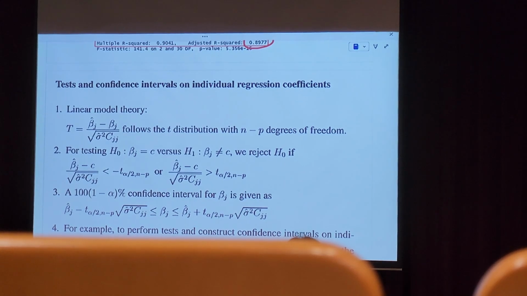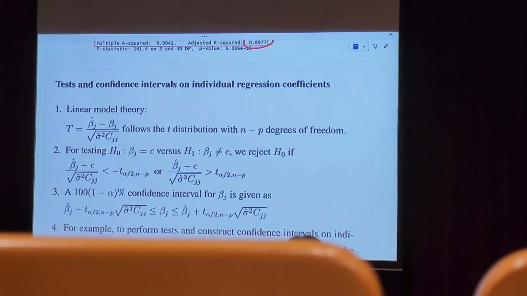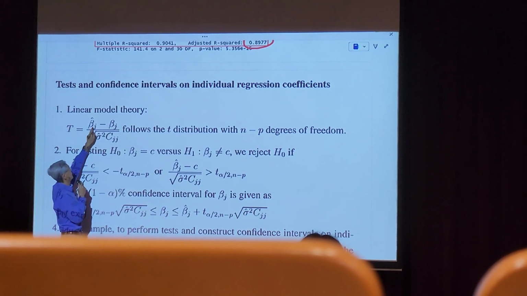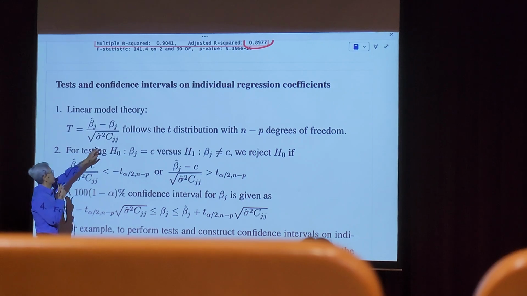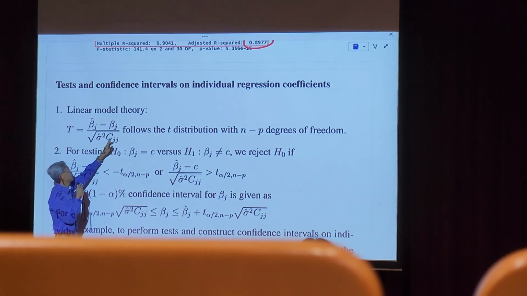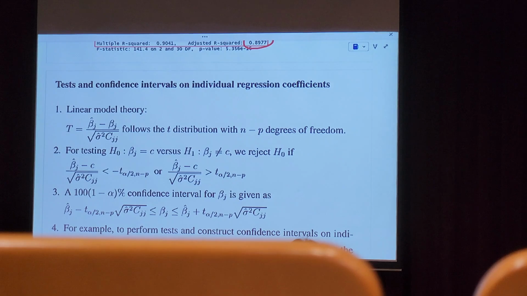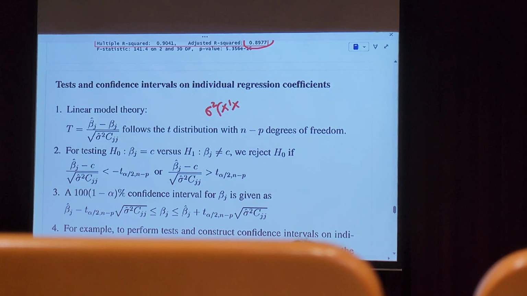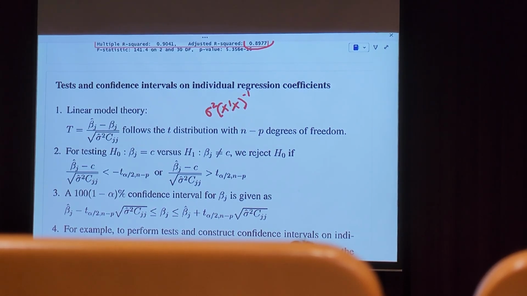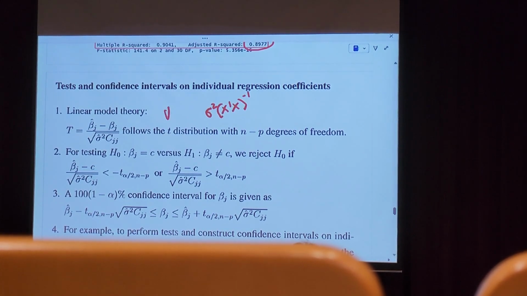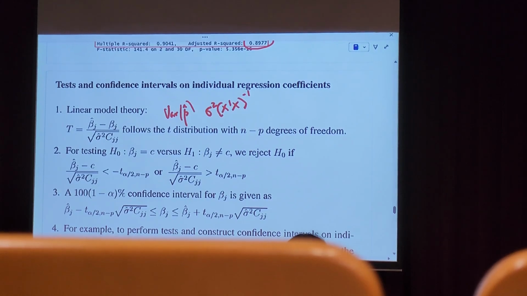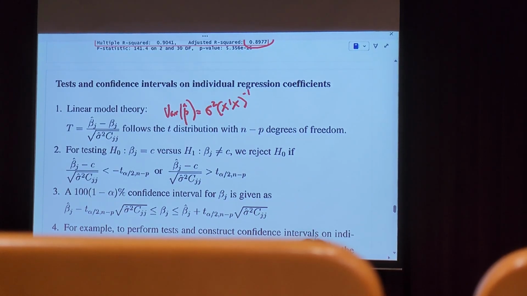according to linear model theory, this test statistic, this is the estimate, this is the coefficient, and this quantity Cjj comes from this, if I remember correctly, the variance of the beta vector.